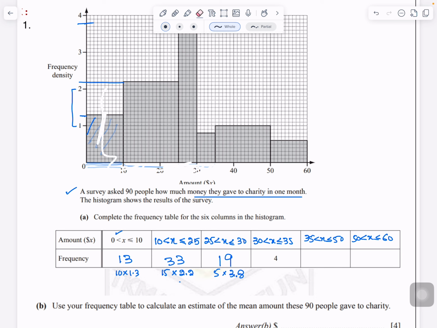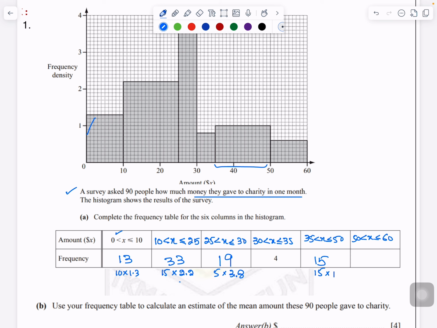Just a minute. So now this one, 35 to 50, from here till here. So this is 15, right? So 15 times, it is going up till the height of 1. So it is 15 times 1 is 15.